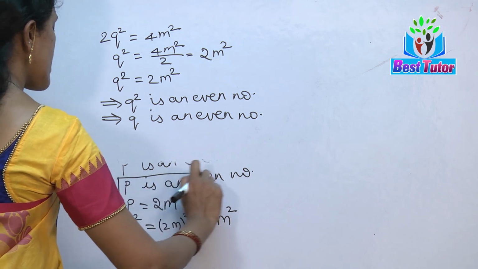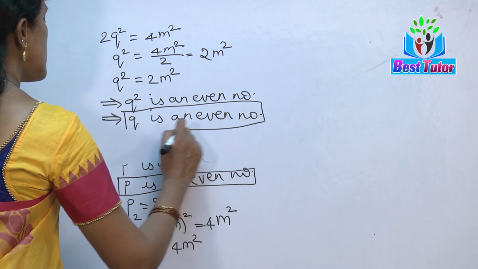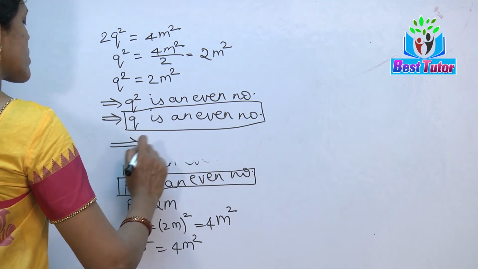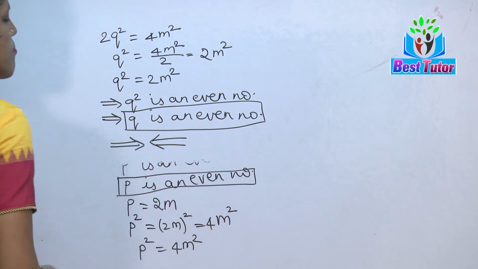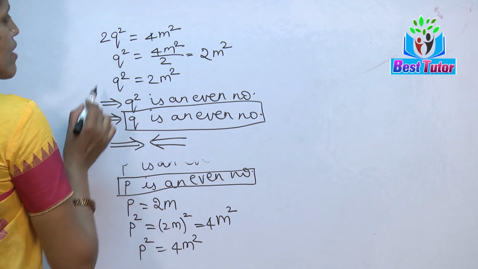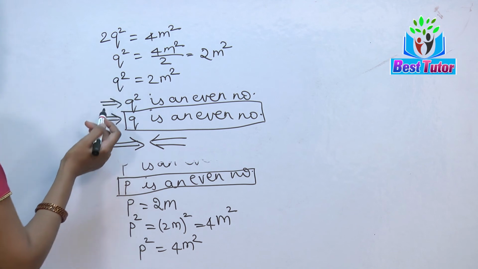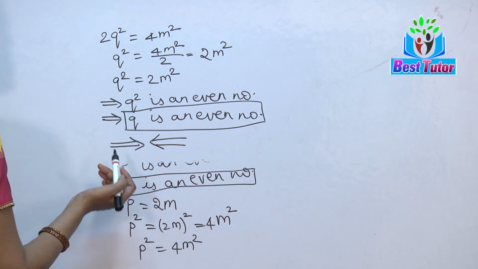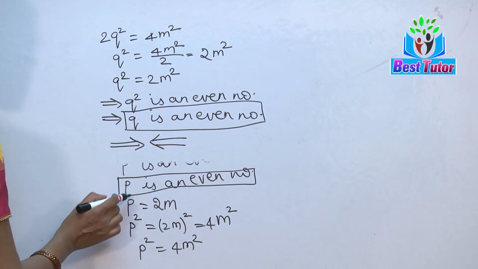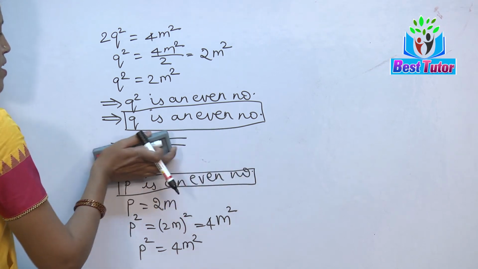Here we have p is an even number. Now we have proved q is an even number. That means they share a common factor too, which is a contradiction to the definition of a rational number. This is a symbol for contradiction. In the beginning of the procedure, we assumed that root 2 is a rational number. So root 2 can be written in the form of p by q, where p and q do not share any common factor. But now we have ended up with a contradiction where p is an even number and q is an even number as well.